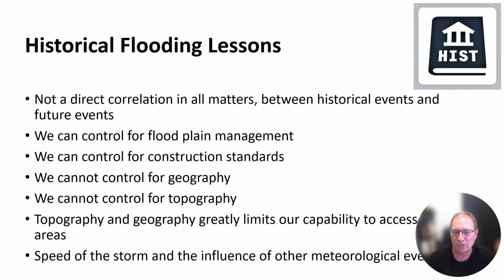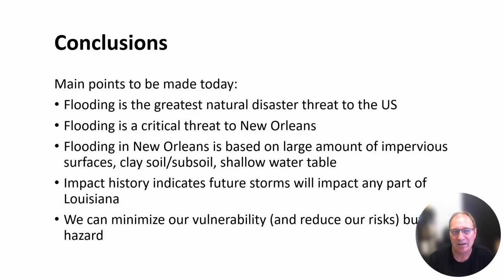And the speed of the storm and the influence of other meteorological events can be profound. And again, if we've lived through one disaster, we've lived through one disaster. It doesn't always tell us exactly how we should behave in the next one. In conclusion, flooding is really the greatest natural disaster threat in the U.S. It's typically a component of other types of disasters, whether it's a standalone event or an aspect of tropical weather.